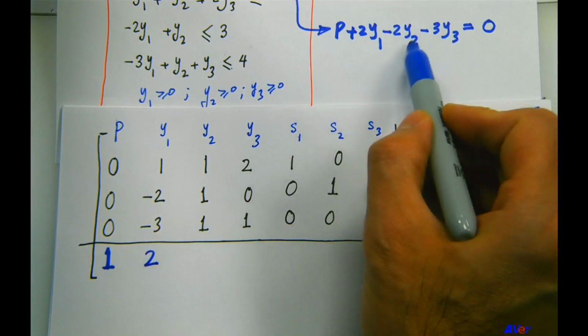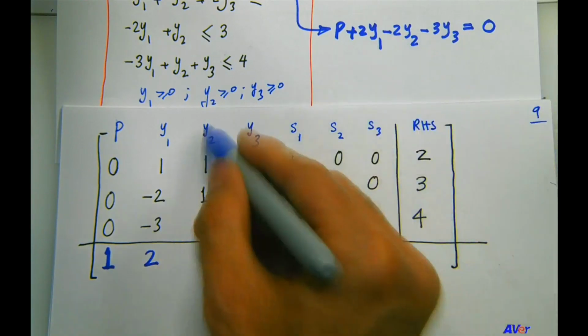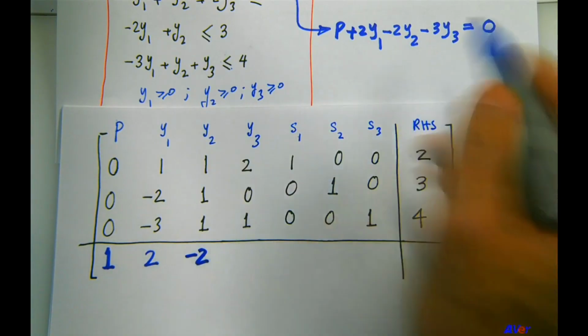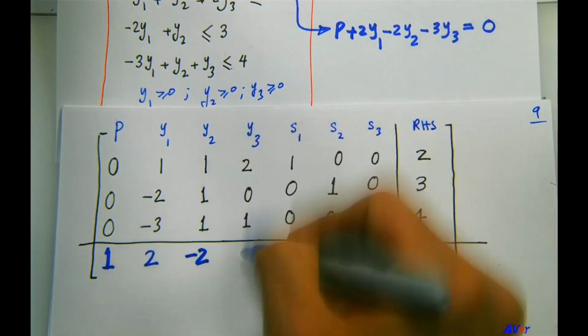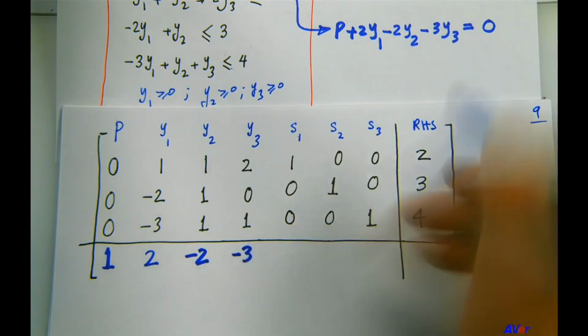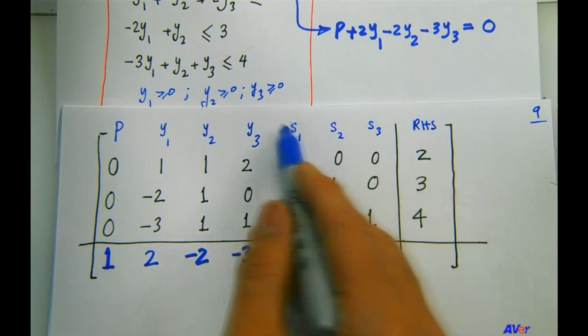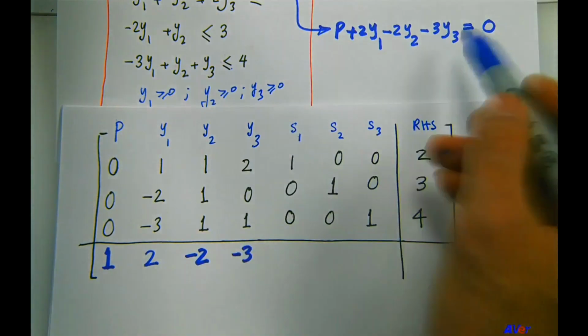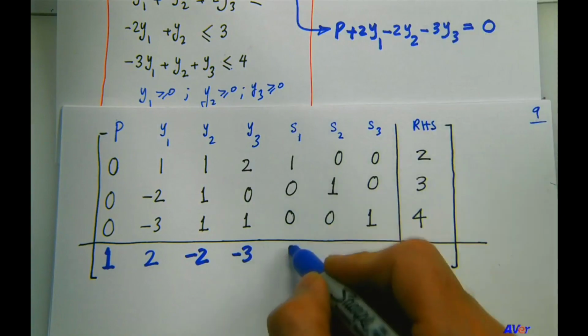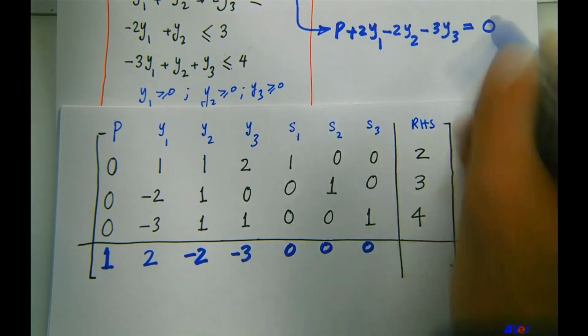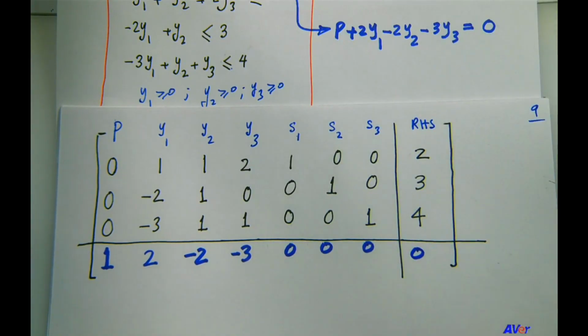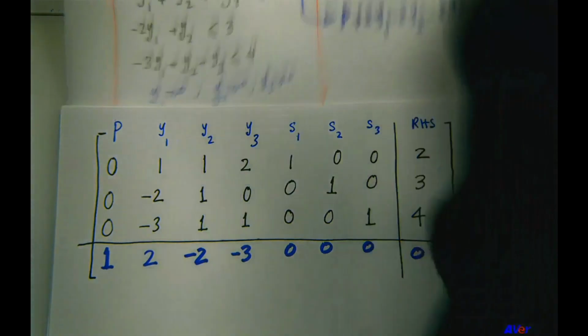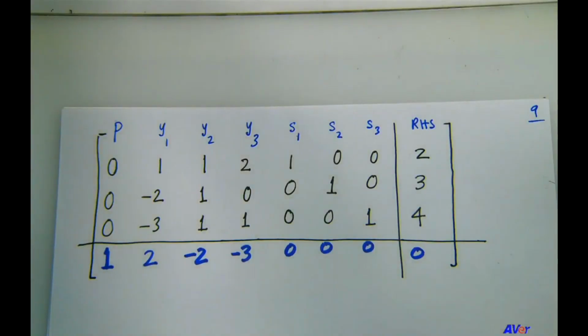For y2, we have -2. That's under y2. For y3, we have -3. And we don't need slack variables because this is an equation already. So 0, 0, 0, and of course 0 on the right-hand side. Okay? So this is the initial simplex tableau.